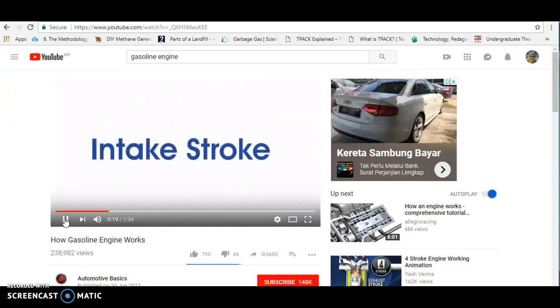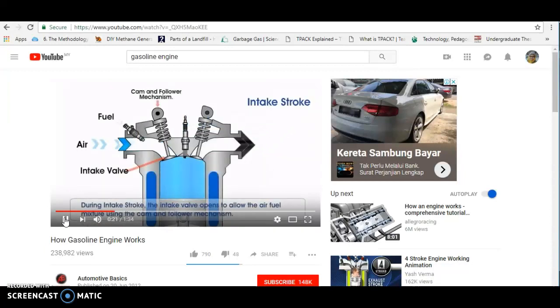So let's have a look at this video. First we have this intake stroke. You see the moment the air comes in, your camshaft is going to rotate and push this valve open. So you are going to have a mixture of fuel and air together into your piston cylinder here.